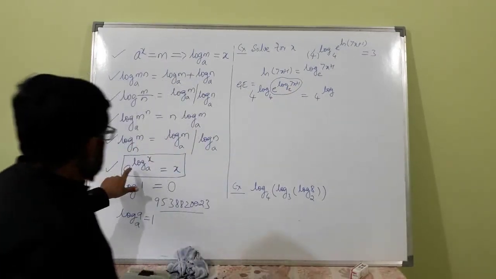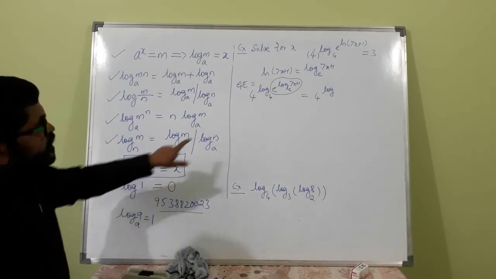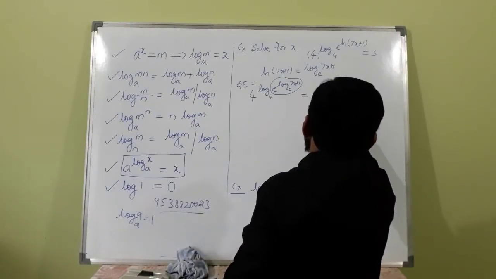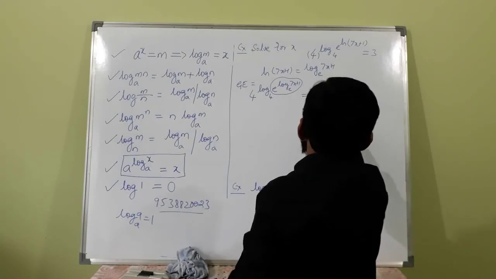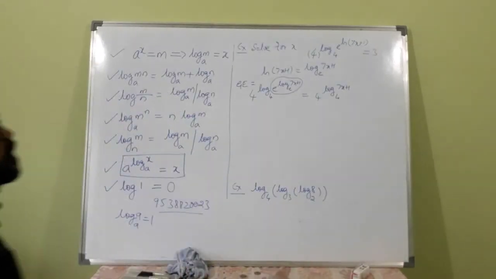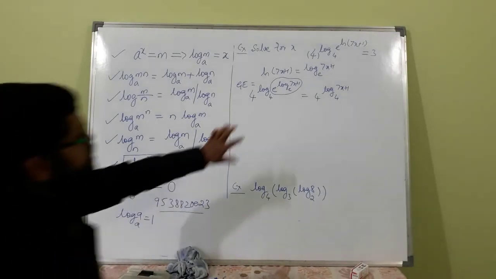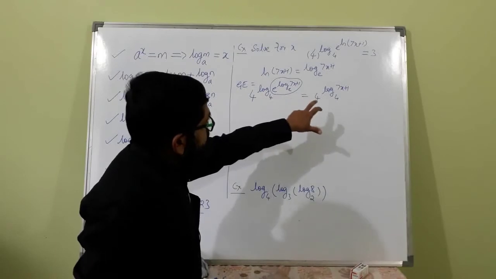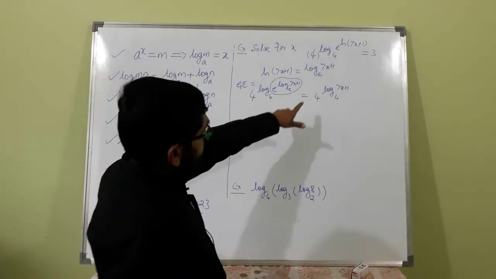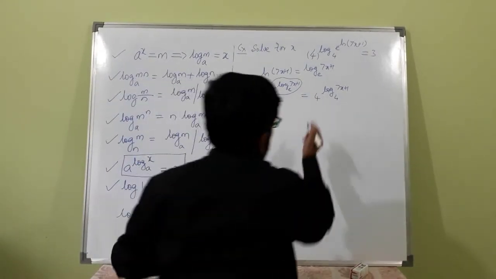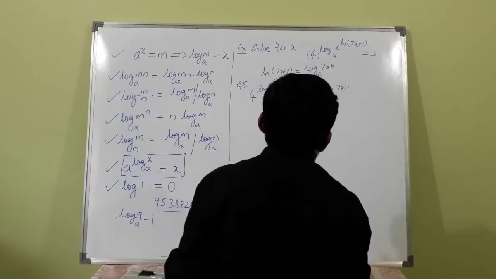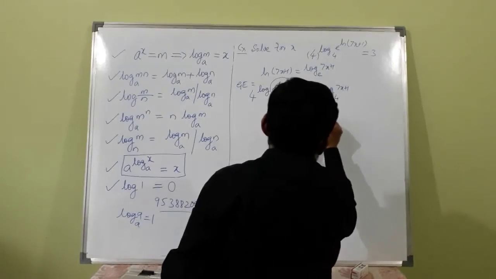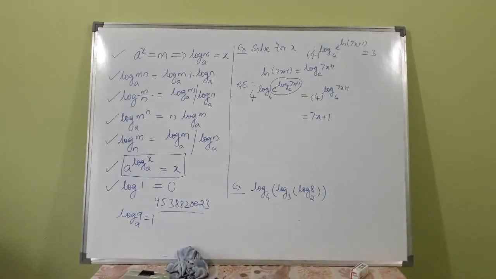Again same rule, a raised to log x to the base a is equal to x, so 7x plus 1 only. You got it? So this whole term becomes 7x plus 1. Log of 7x plus 1 to the base 4. Again this is raised, 4 raised to this much. Again this rule reduces to 7x plus 1. Okay.